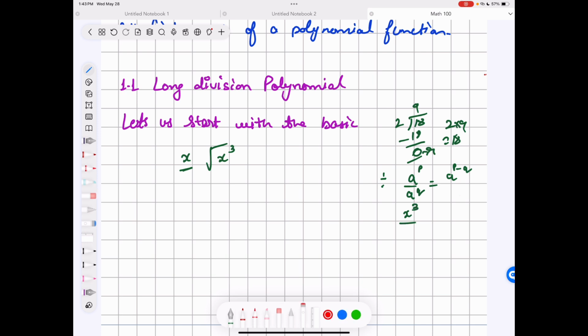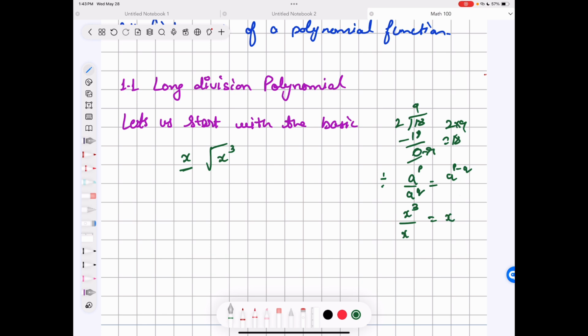One more thing to notice here, this does not have any power mentioned. If it doesn't have any power, we just assume its power is 1, because x has a power of 1. We don't write it, but we consider it 1.